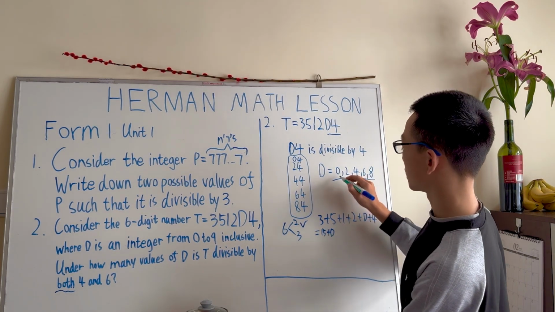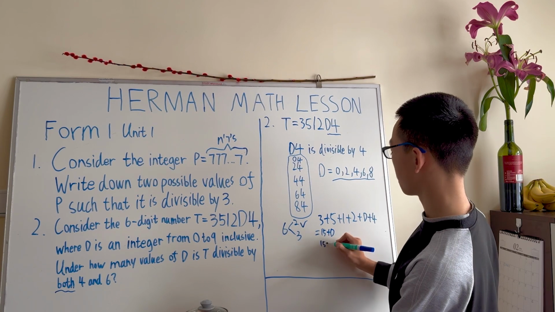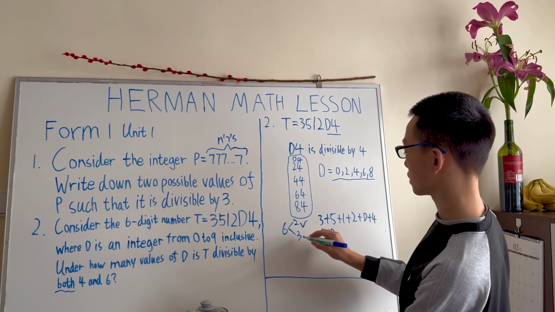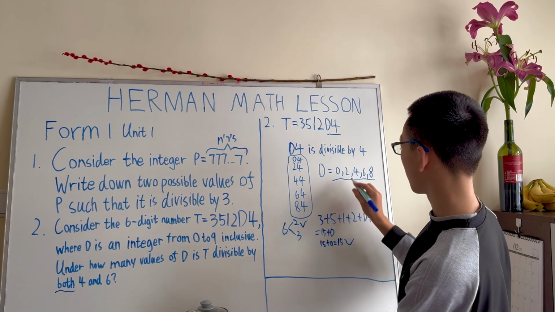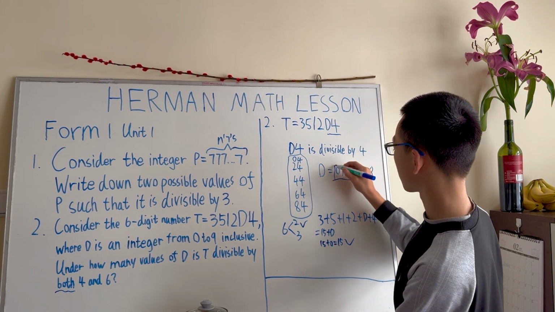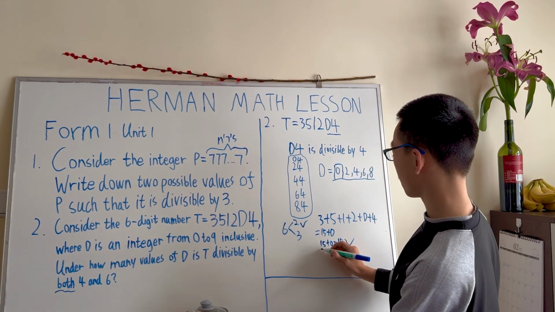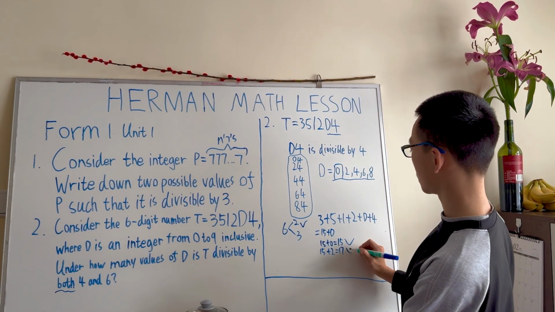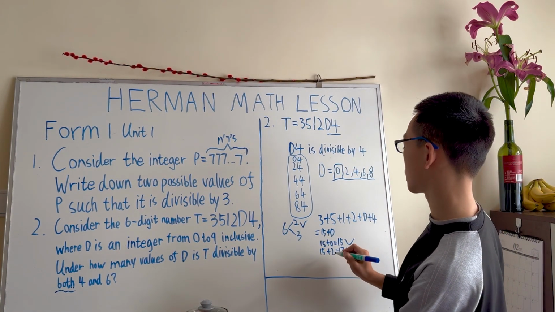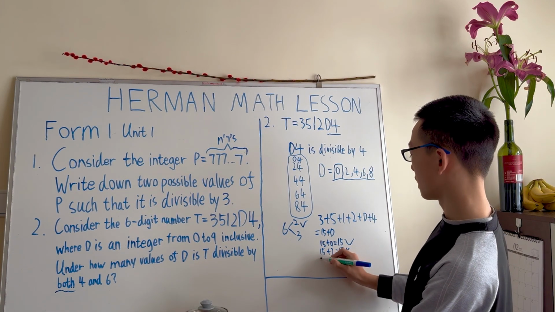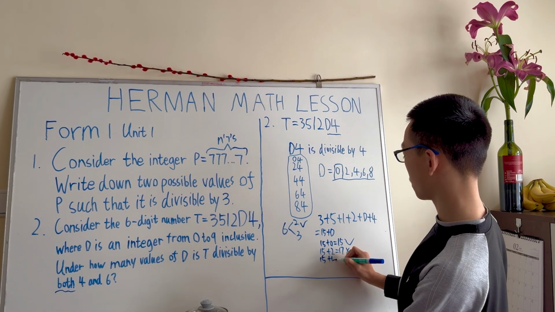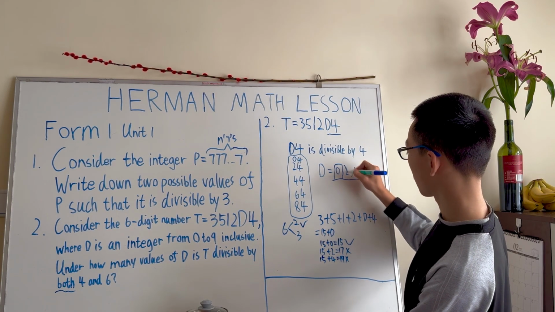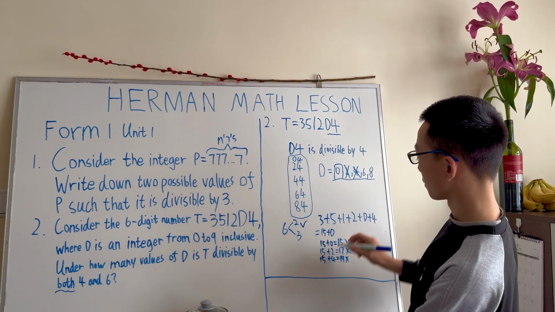We look at 0 first. 15 plus 0 equals 15, which is divisible by 3. So 0 is an answer. Now 15 plus 2 equals 17, which is not a multiple of 3. And 15 plus 4 is 19, not a multiple either.